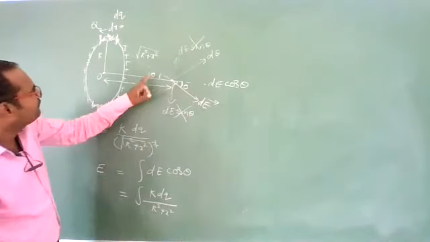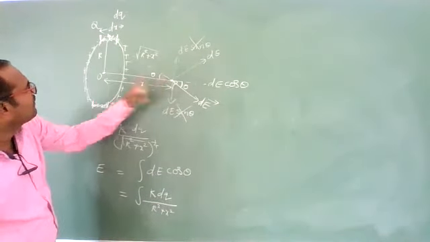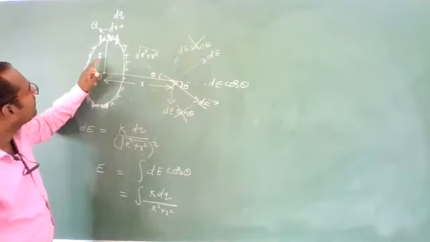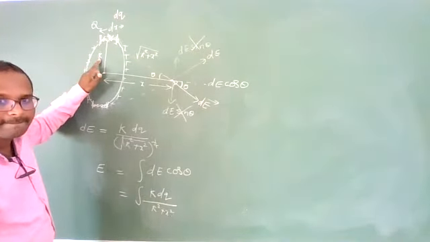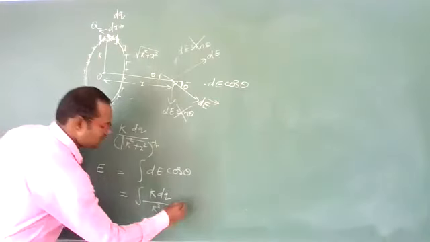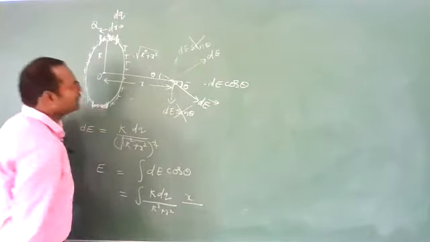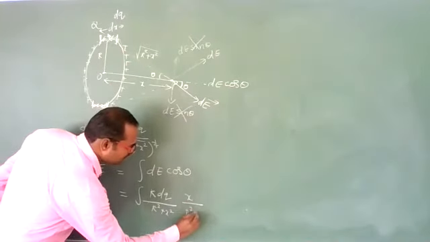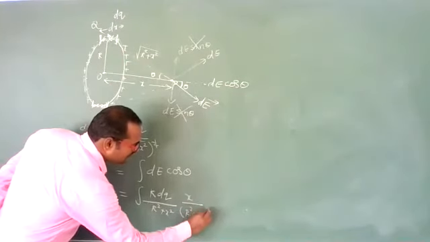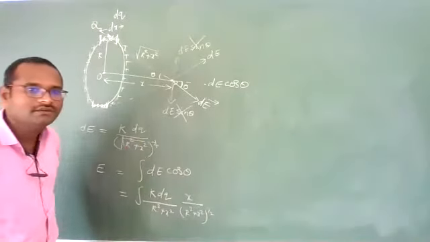Cos theta value from this right angle triangle is adjacent side by hypotenuse. So adjacent side is x, and hypotenuse is (r square plus x square) whole power 1 by 2.